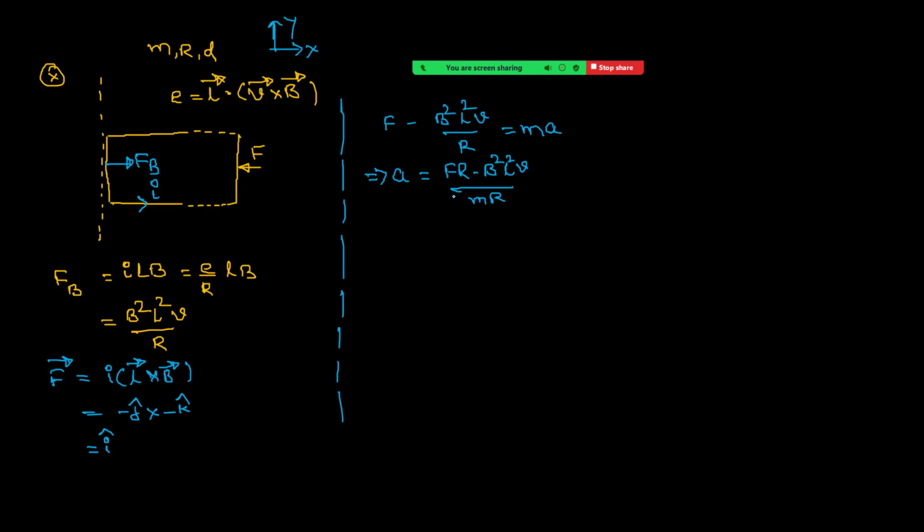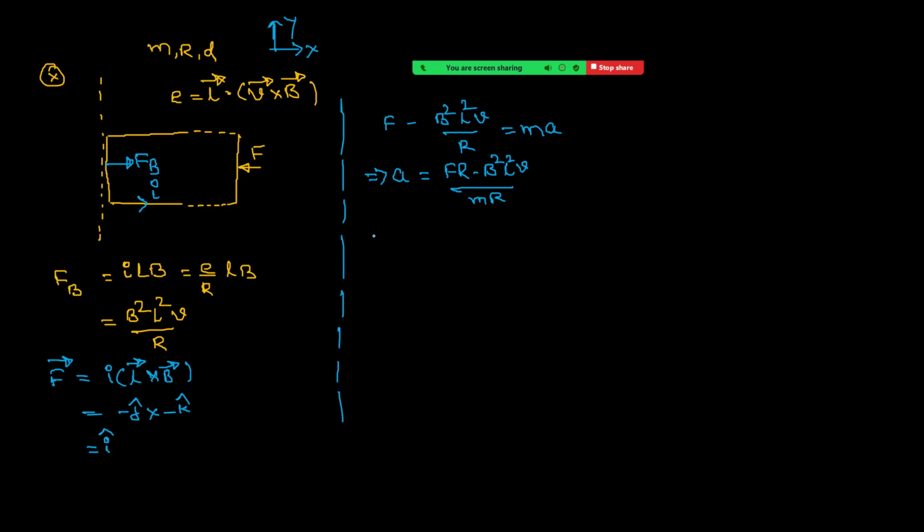After some time, the frame will move with a constant velocity till the whole frame enters into the magnetic field. Find this velocity V0. See, velocity constant means acceleration equal to 0. When acceleration is 0, that means this is now 0.